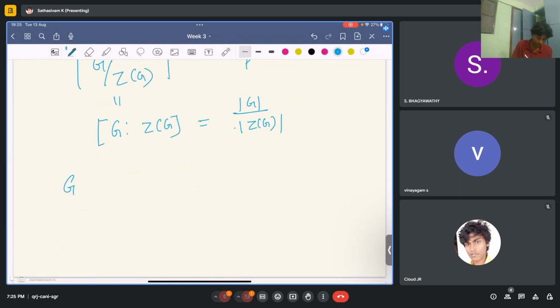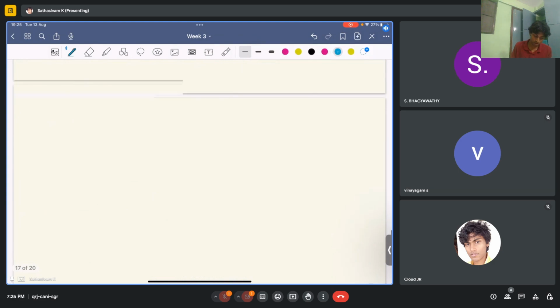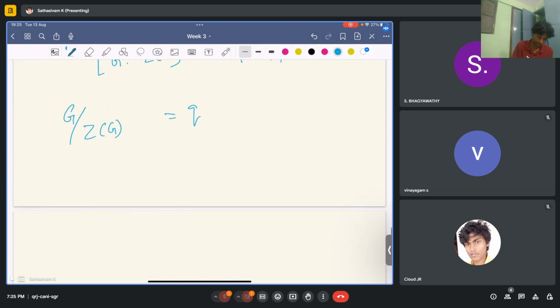So what happens is we have G by the center of G, and its order is Q. From here, what can we say? If we have a group of prime power order, such groups are cyclic. Maybe if you don't know, I'll prove the statement, but let's proceed here.